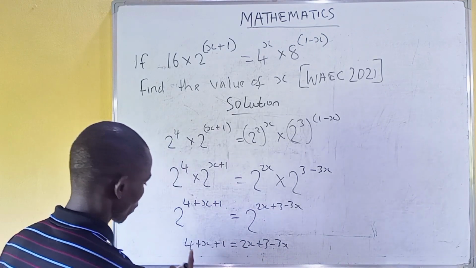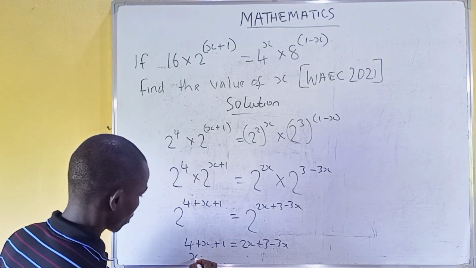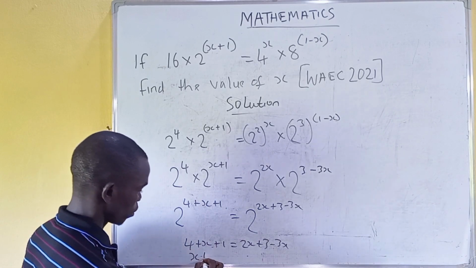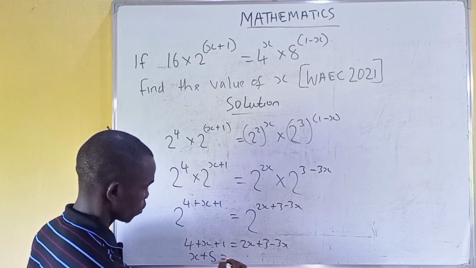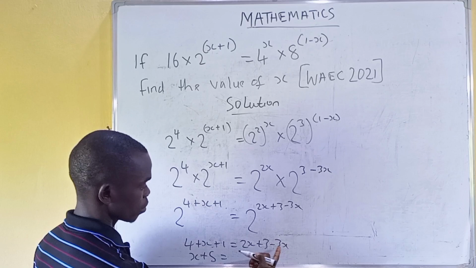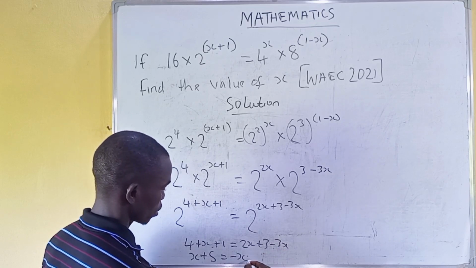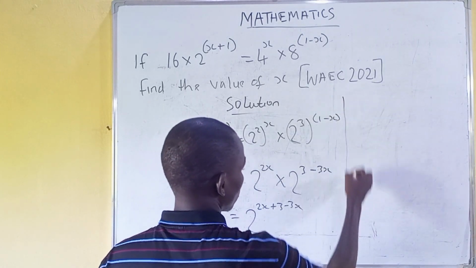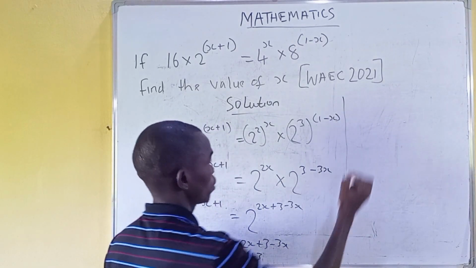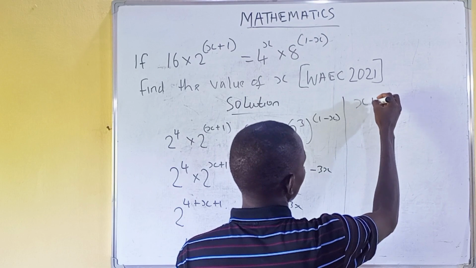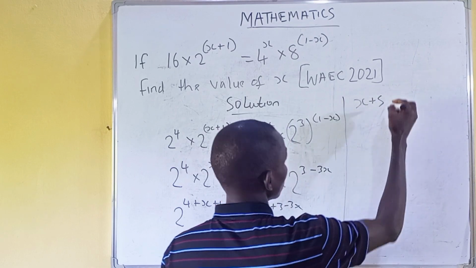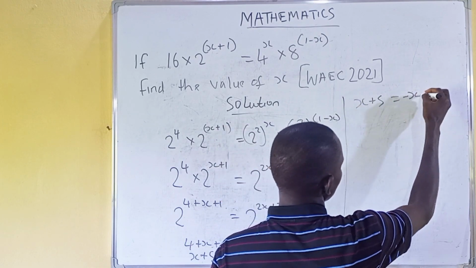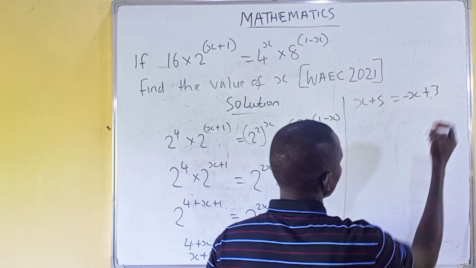From here, we have s; 4 plus 1 will now be plus 5 equals 2s minus 3s will now be minus s, plus 3. So the question will now be s plus 5 equals minus s plus 3.